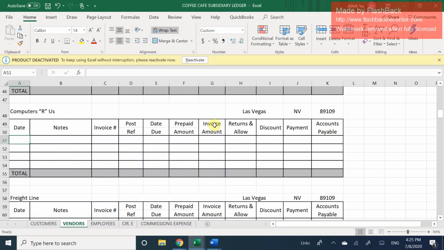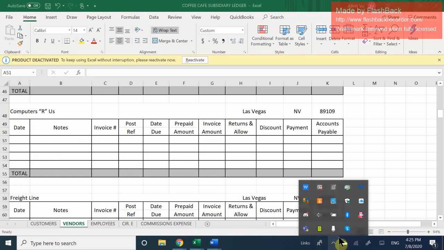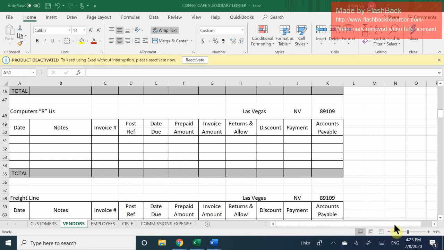Oh, but this is customers. Vendor list, yes, I found it. Okay, so make sure you find your vendors list. They're under Computers R Us. Yes, I see it right here.